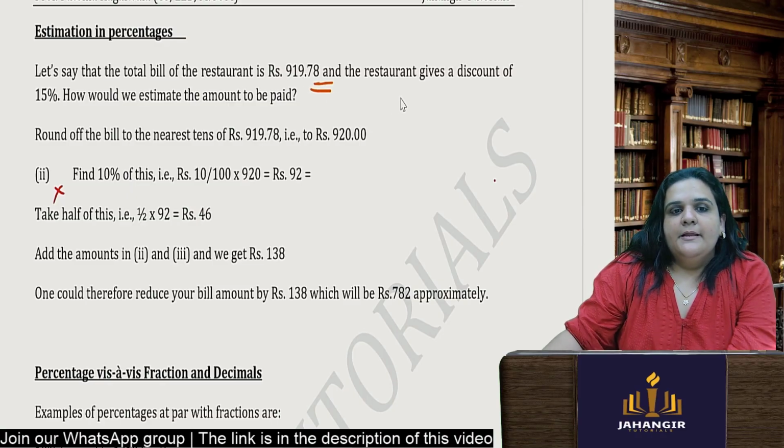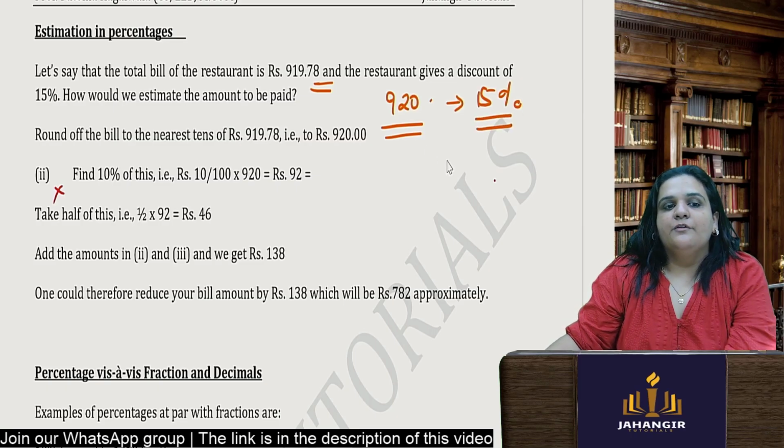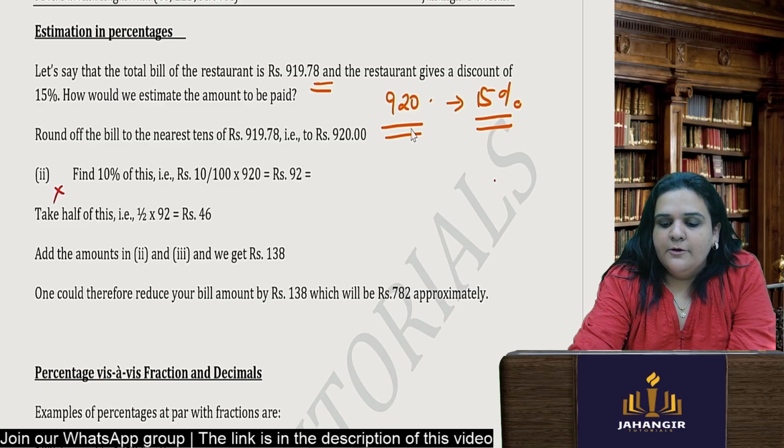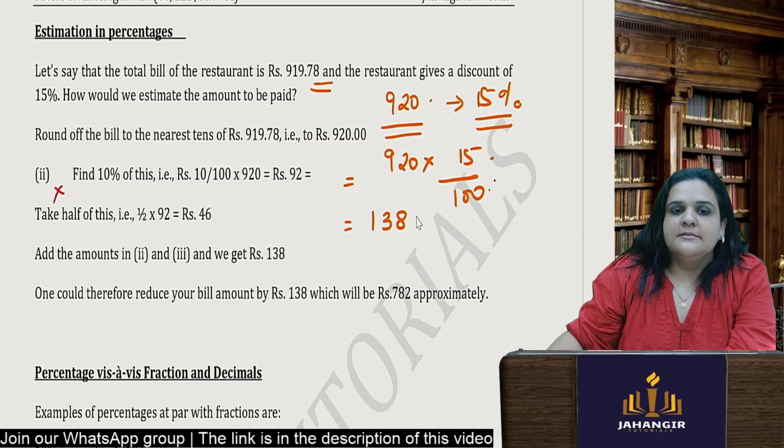So the total bill is 920, and the restaurant gives a discount of 15% on the bills. So how much am I going to pay? Even if you do 920 into 15%, which means 15 upon 100, when you solve this, you are going to get 138 as the answer.